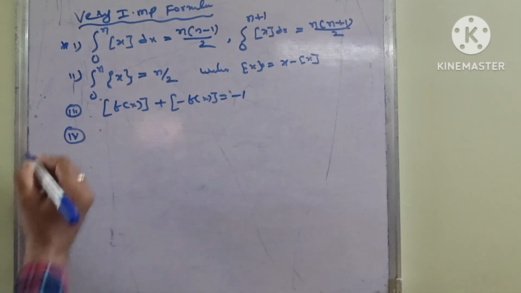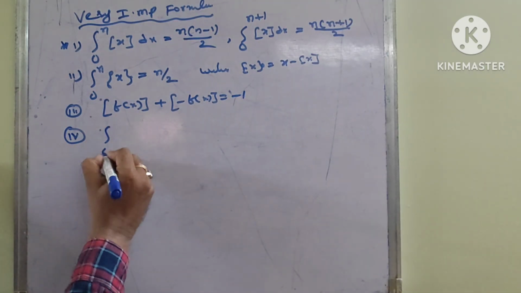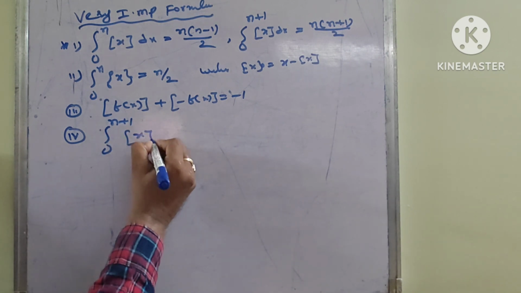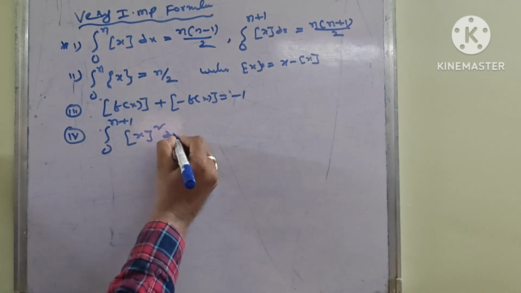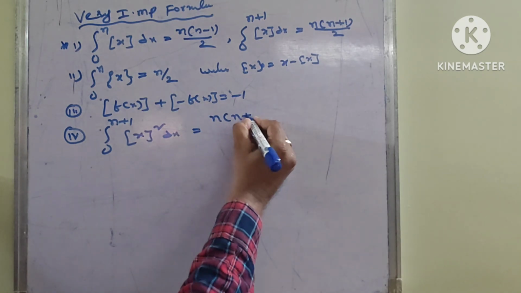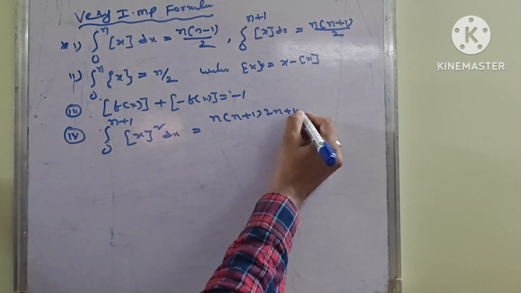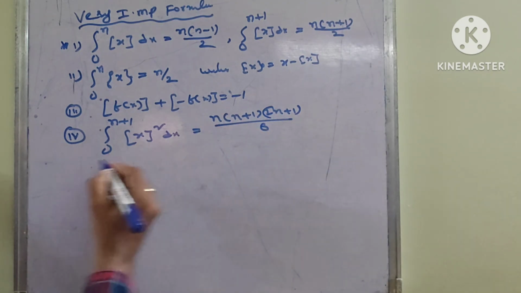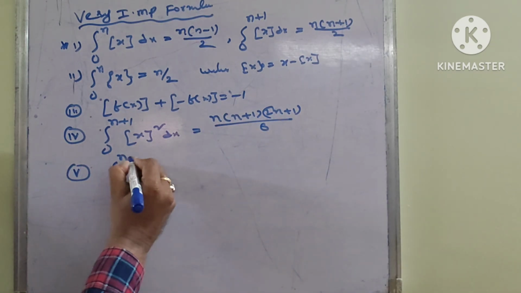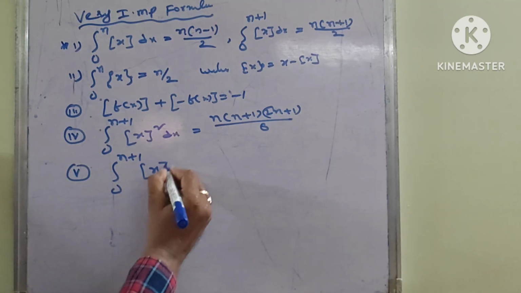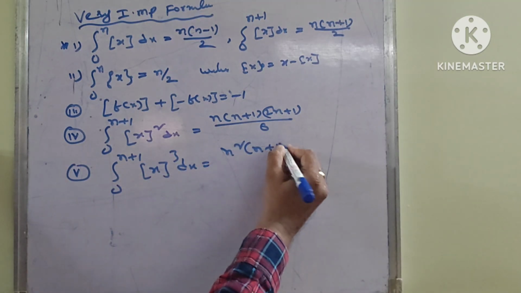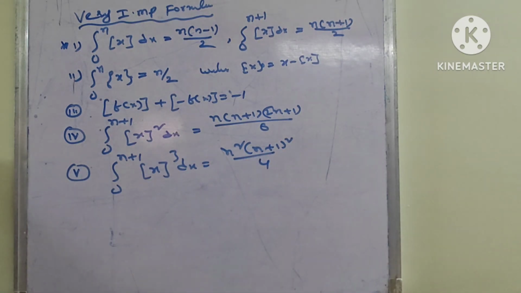Fourth formula: integral from 0 to n plus 1 of integral part of x square dx is sigma n square, n into n plus 1 into 2n plus 1 by 6. Fifth formula: integral from 0 to n plus 1 of integral part of x whole cube dx is equal to n square into n plus 1 whole square by 4.